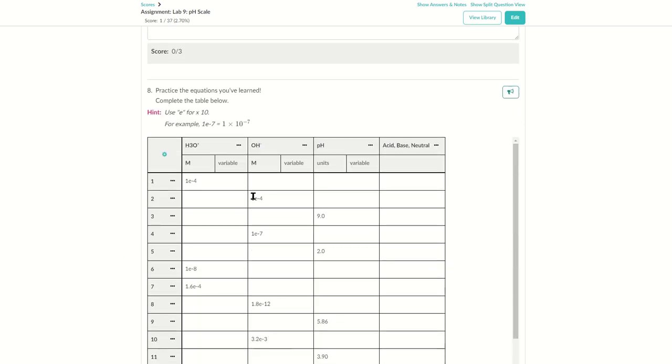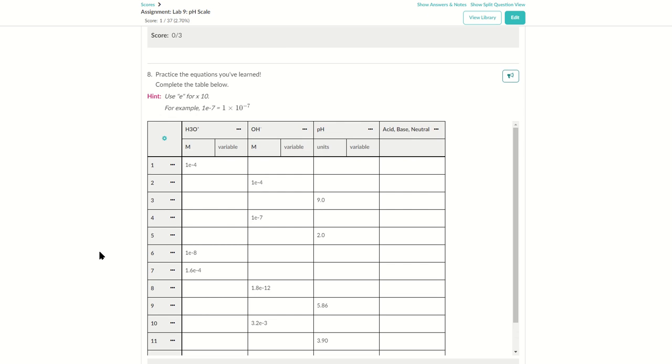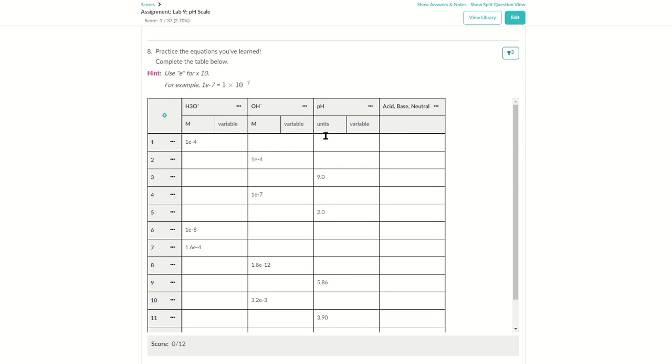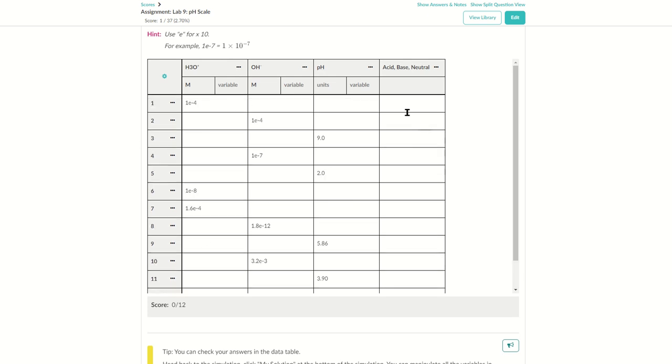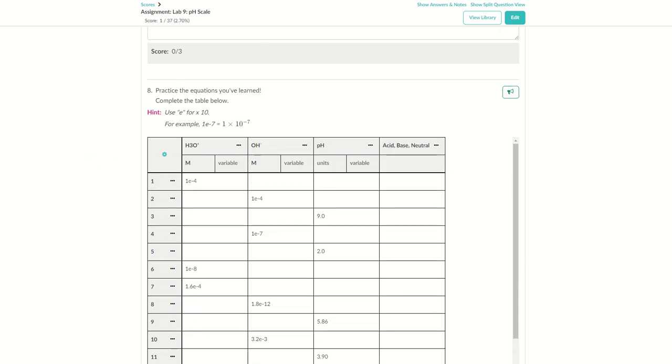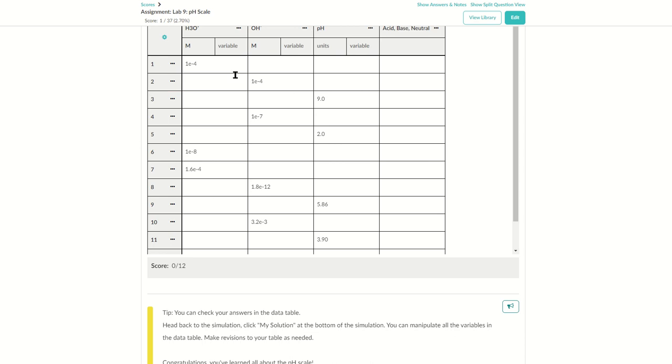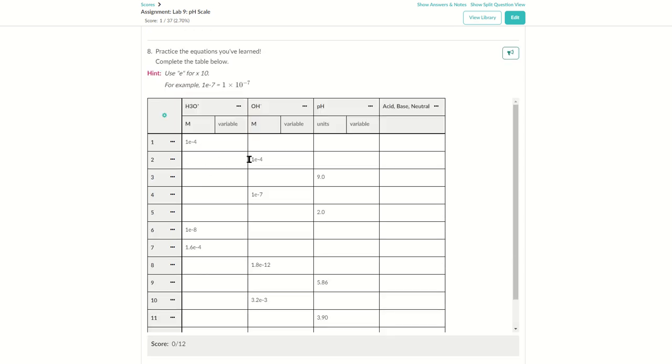And then here you are going to get to practice recording for these different solutions. So if you have an H3O of this, you can solve for OH minus. So you can solve for one or the other, but because I shortened this lab, that's not part of this lab.